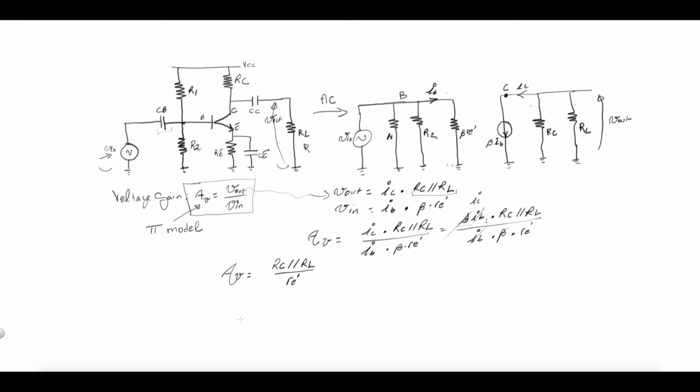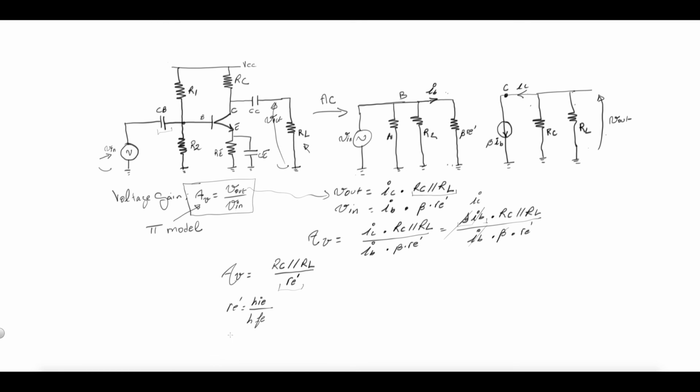Now, there were a few things we could do to figure out re prime. Okay, you can go to the data sheet of the transistor, and so you could do this. re prime equals hie, and again, we know this is from the small signal section in the data sheet, divided by hfe.